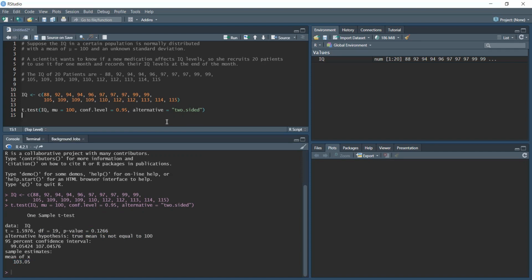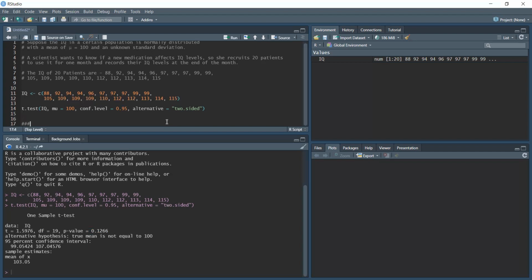Now, suppose the question was a little different. Suppose the scientist wants to know if this new medication decreases the IQ level, that is, if the IQ level was less than 100.